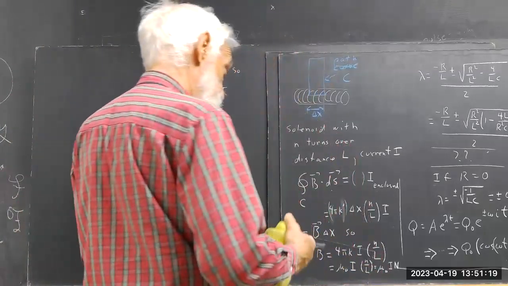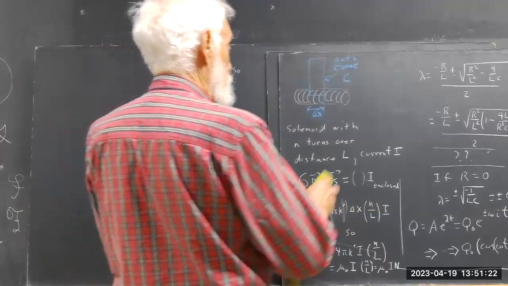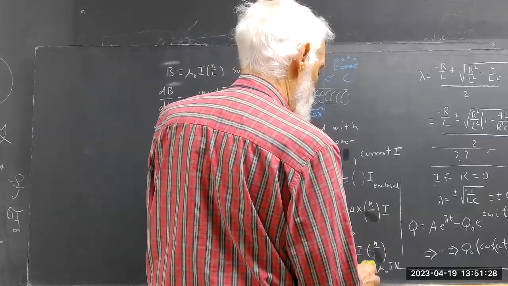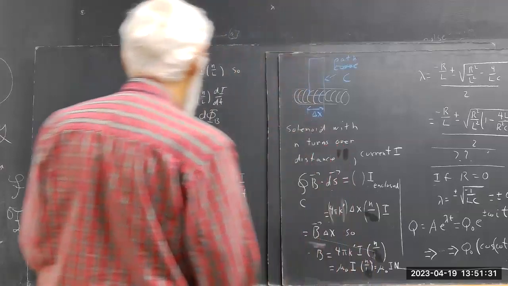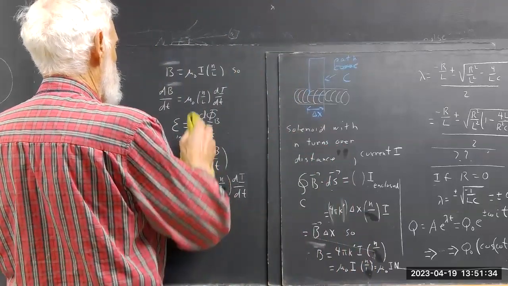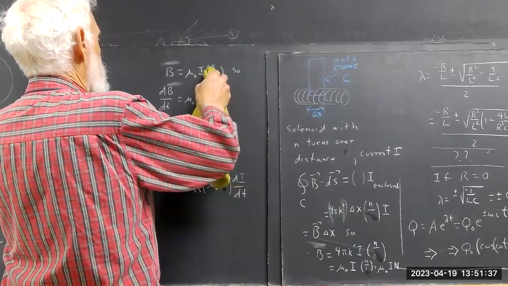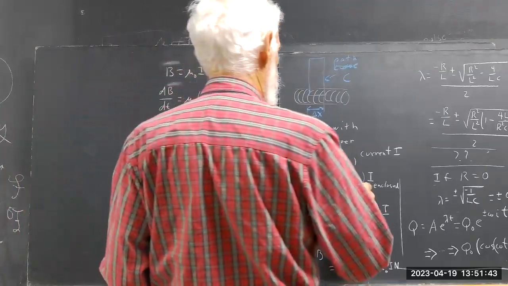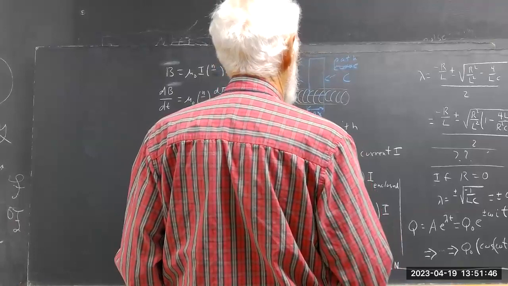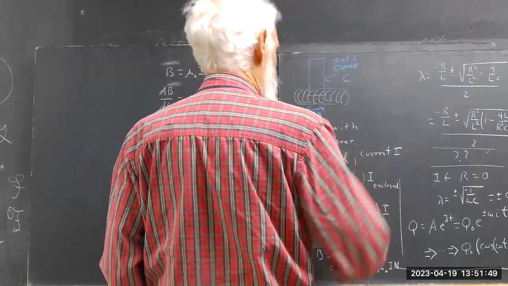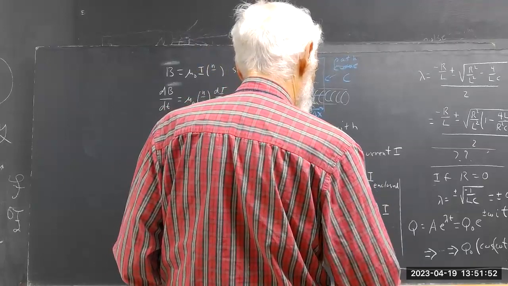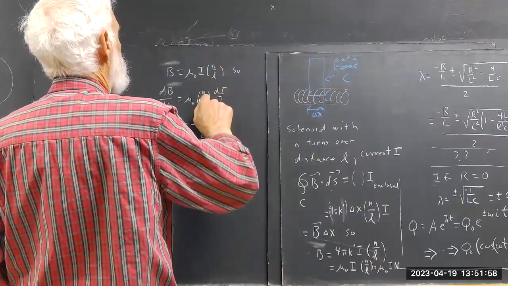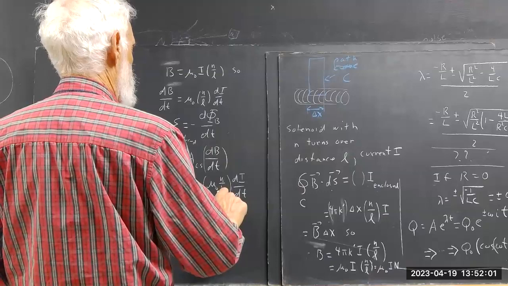So I'm going to change my symbol to a lowercase script l, which I write beautifully. I've got to replace all these.